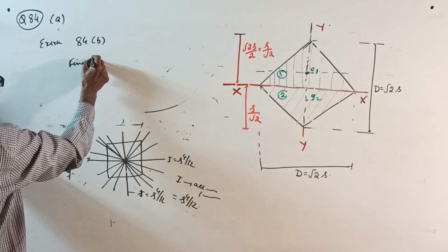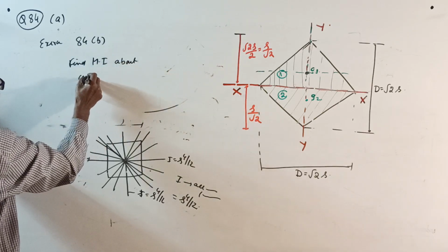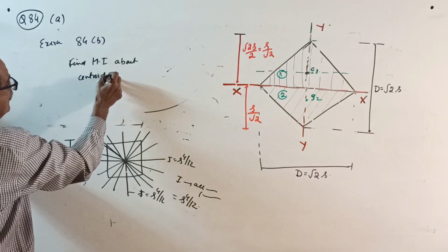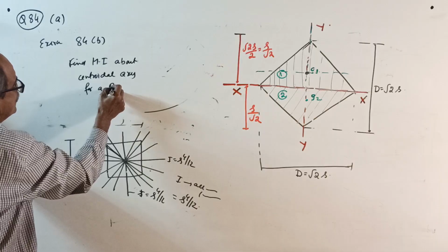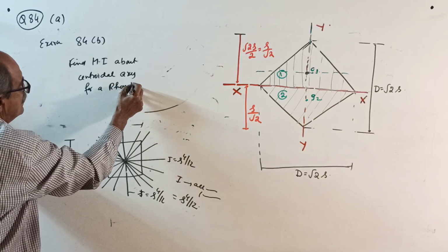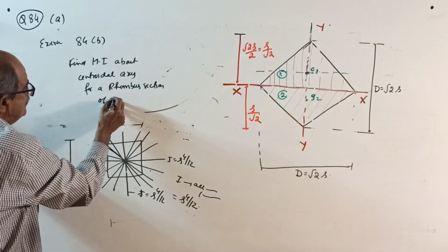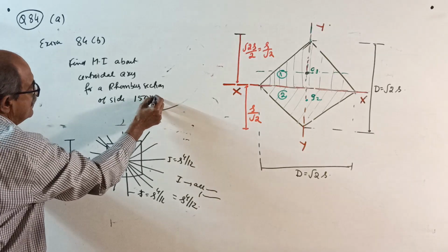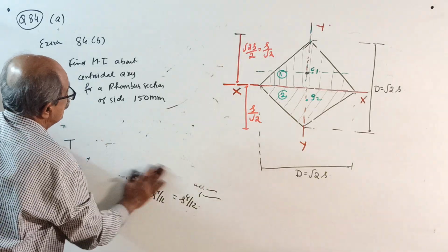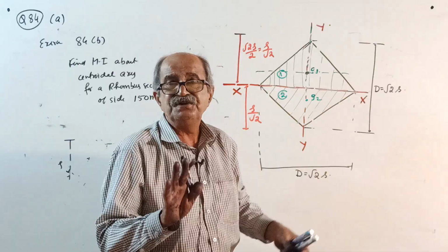Find moment of inertia about centroidal axis for a rhombus section of side 150 millimeter. That's all. You solve it systematically.